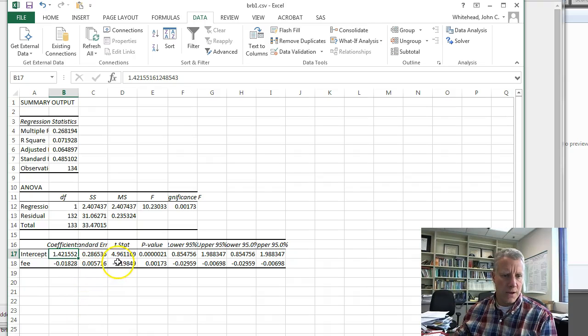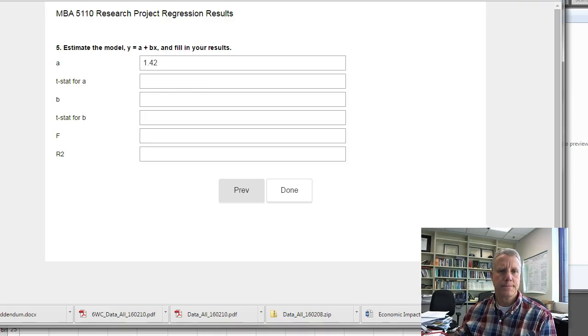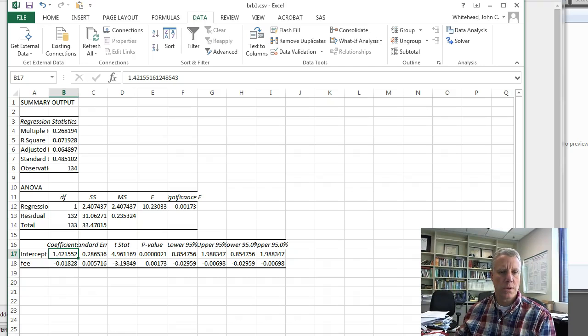And the t-stat for A is 4.96. Okay, the coefficient on B, the slope, is negative 0.018.